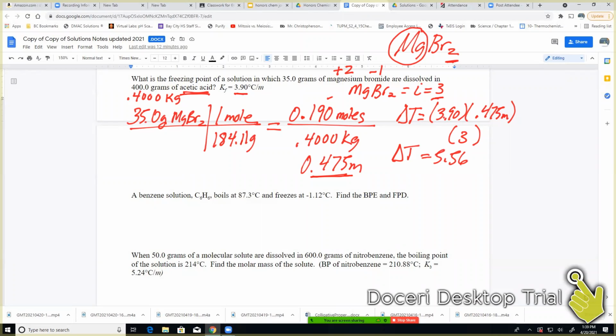What does it freeze at? 16.6. Now, am I going to add or subtract that change? Subtract. And some people do all the work and then they'll just get those two mixed up. So freezing point going down, so it would go down to 11.04 degrees Celsius.